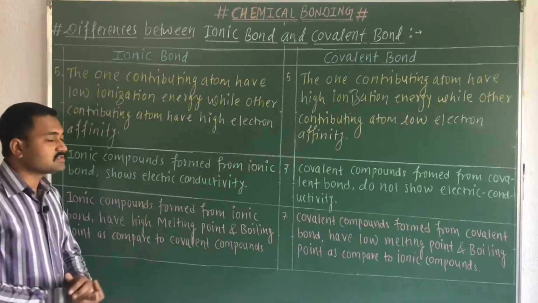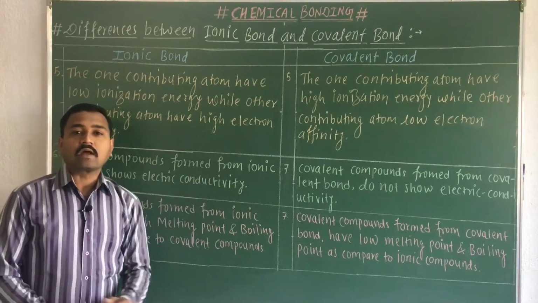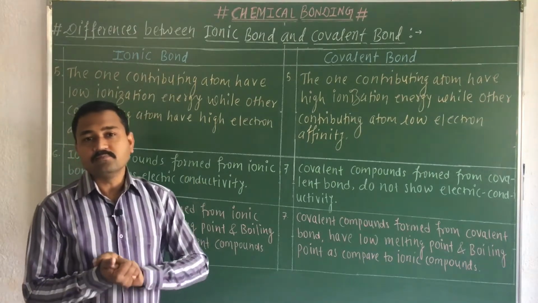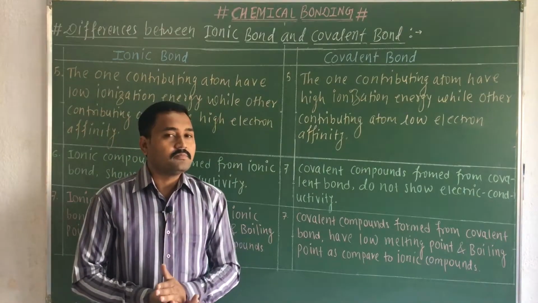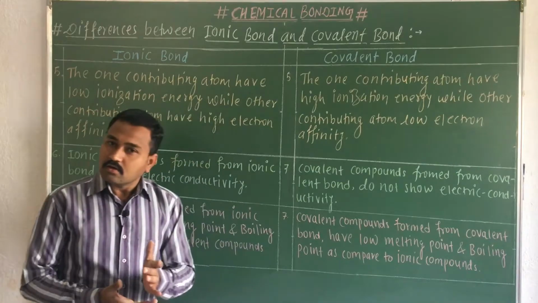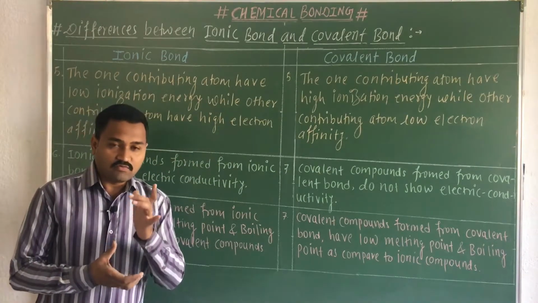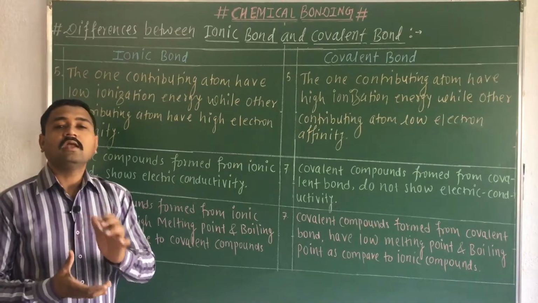Now the next difference that we have to consider is that ionic compounds generally show the electric conductivity property. We know that whenever any ionic compound dissolves in water or any other suitable solvent, it will form ions, and those ions are responsible for the electric conductivity.